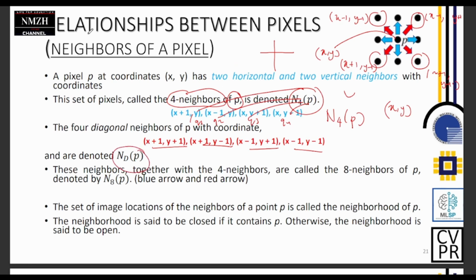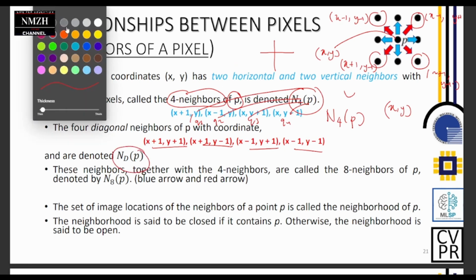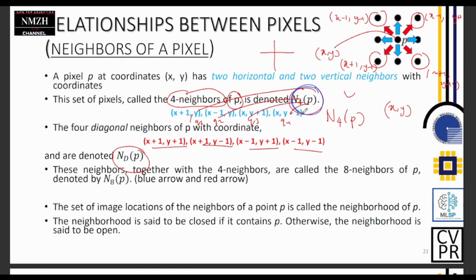So now we have two things: N4(P) and ND(P). Another way to look at it: if we take the combination of N4(P) and ND(P), we can call them the 8 neighbors of P. Meaning 1, 2, 3, 4, 5, 6, 7, and 8, denoted as N8(P), the blue arrows and red arrows.